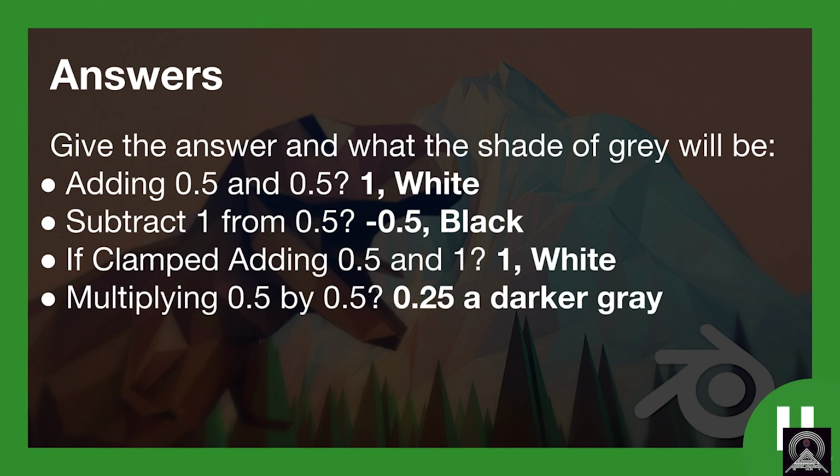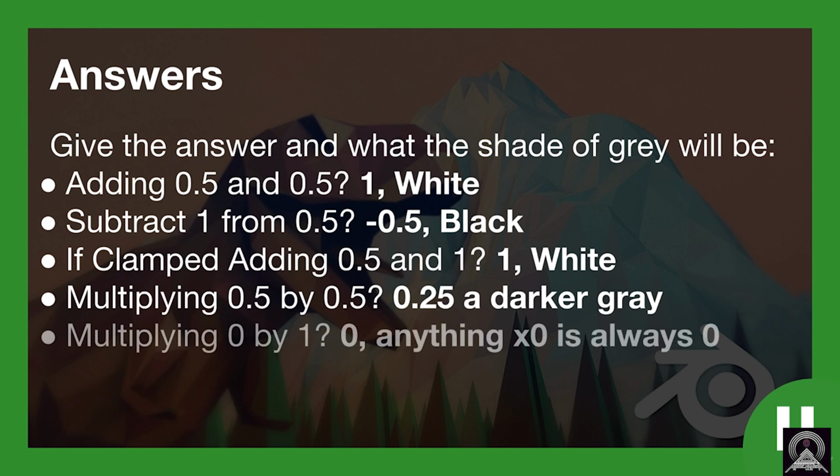Now, what does multiplying 0.5 and 0.5 together give? You'll get 0.25, which will be a darker grey than you had initially. What does multiplying 0 by 1 give? Well, multiplying anything by 0 is always 0.